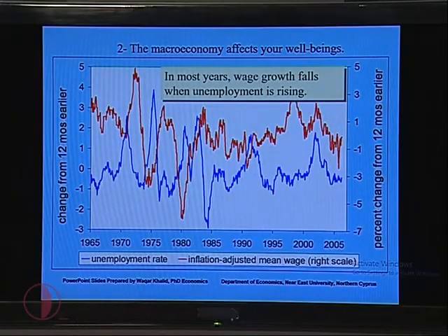We can see in the graphical representation that we have two lines. The blue one shows the unemployment rate, whereas the red one shows the inflation-adjusted mean wages. In most years, wage growth falls when unemployment is rising.